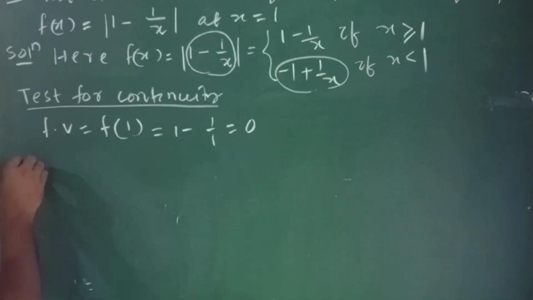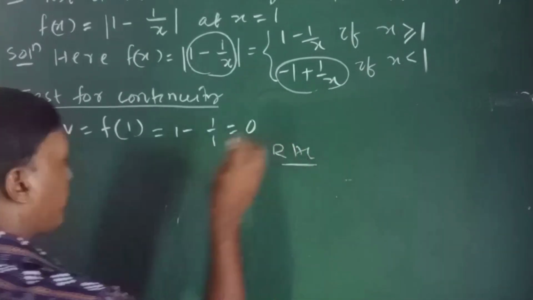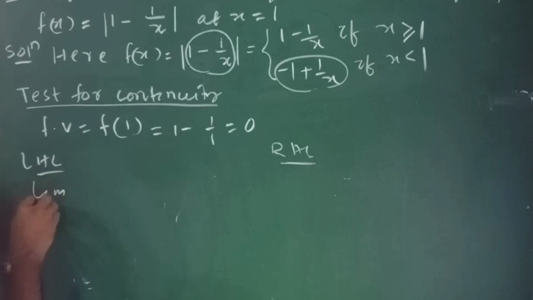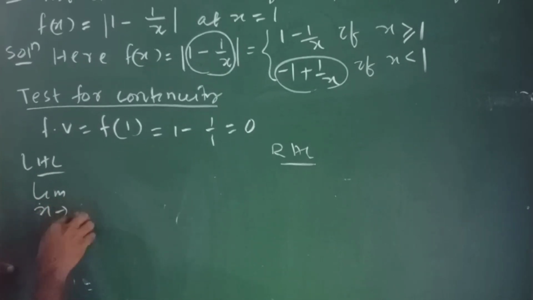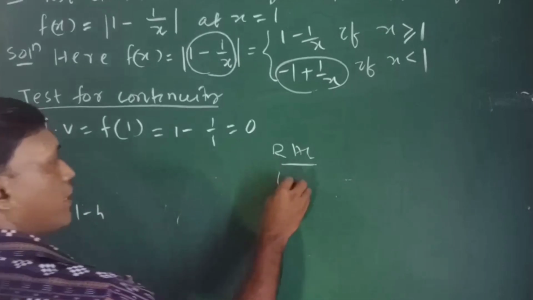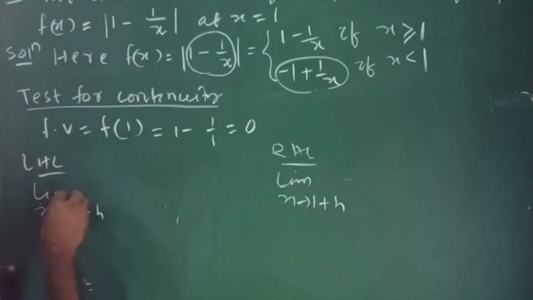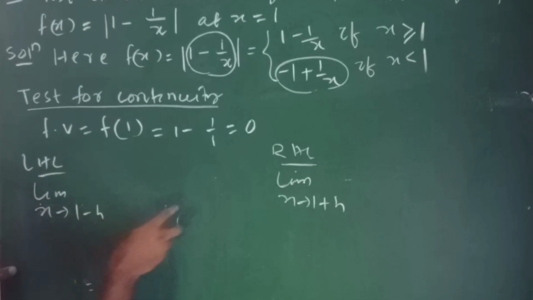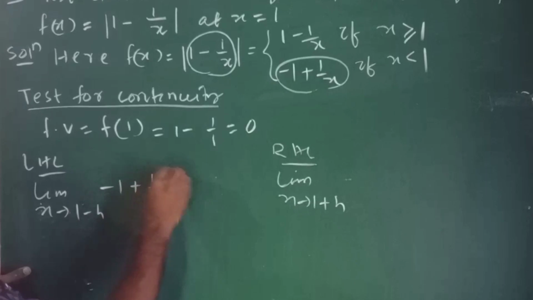Next is the left hand limit and right hand limit. Let me compare. Here is limit x tends to 1 minus h, and here is limit x tends to 1 plus h, and here the function for the left hand limit means this one, minus 1 plus 1 by x.